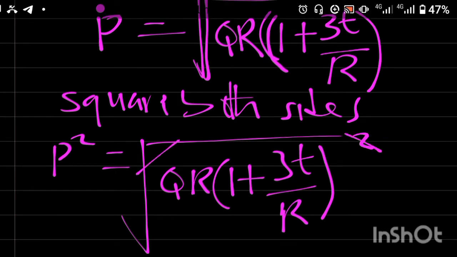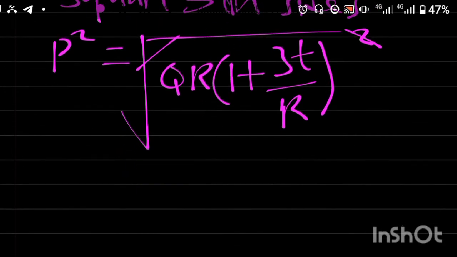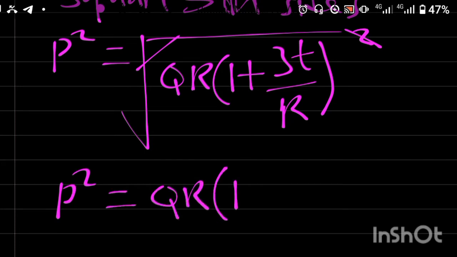Square will cancel the square root. Always remember that. Therefore, we have P square is equal to QR into bracket 1 plus 3t over R.